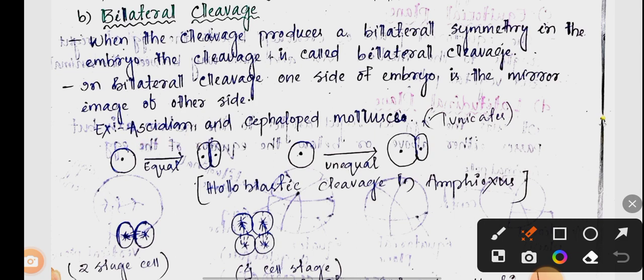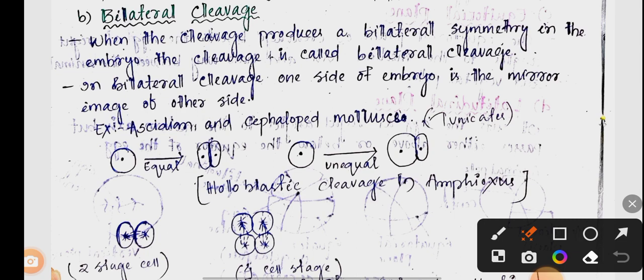Examples: ascidians, cephalopods, mollusca, tunicates. Amphioxus is also an example of holoblastic cleavage.